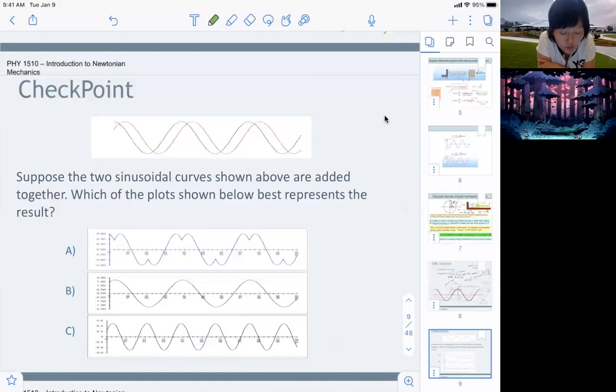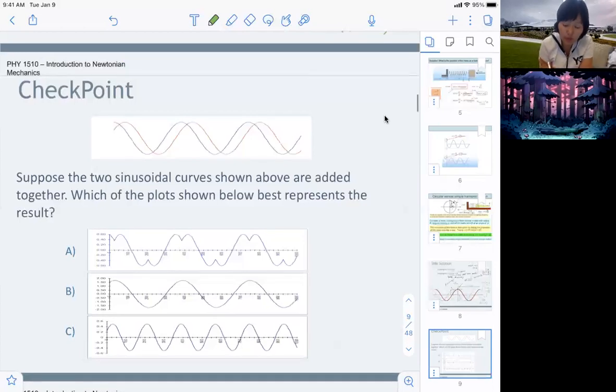So if you superpose two sinusoidal curves onto each other and add them together, what kind of plot would you get? Would you get something that doesn't look like a sine wave at all? Or something very similar as before? Or another sine wave, but the frequency seems to have been shrunk down?